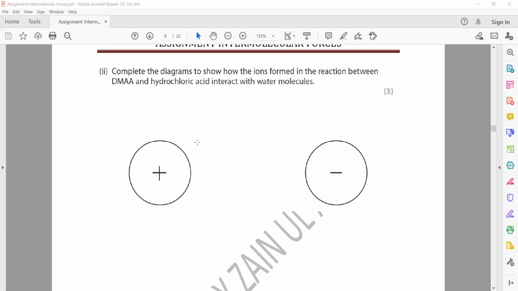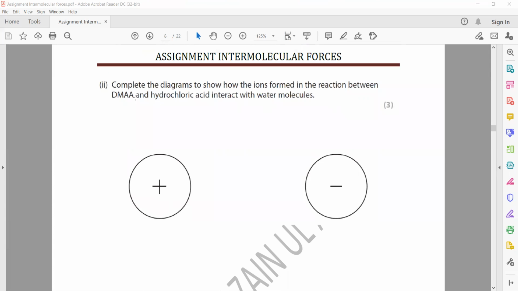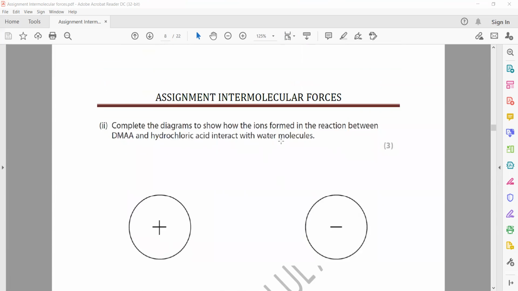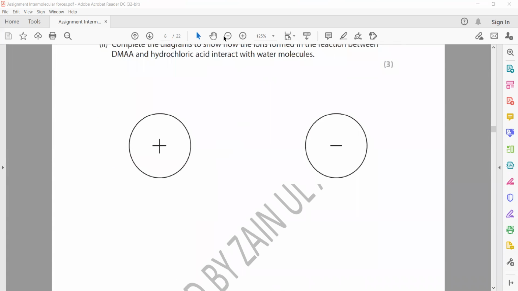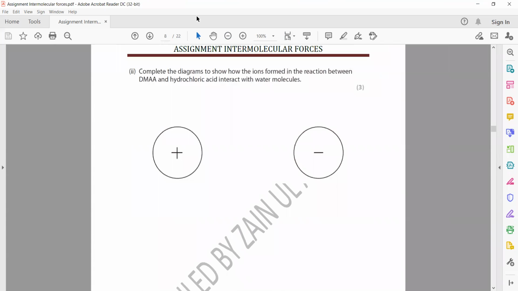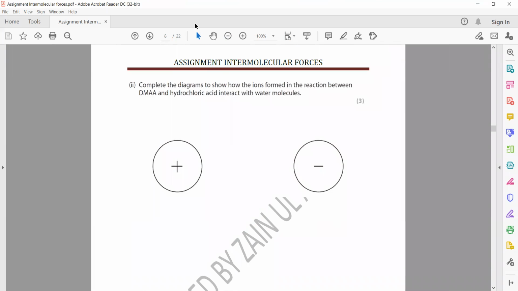Complete the diagram to show how the ions formed in the reaction between DMA and hydrochloric acid interact with water. So how do these positive and negative ions interact with water? In the water molecule, oxygen is more electronegative, so oxygen is partial negative and hydrogen is partial positive. Oxygen, partial negative from the water molecule, is attracted towards the positive ion.